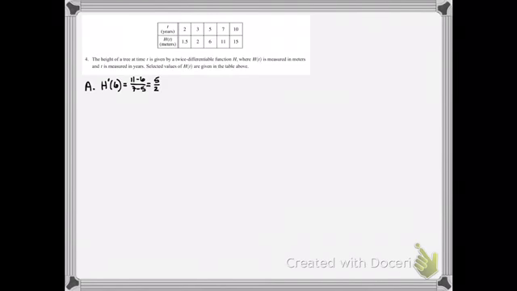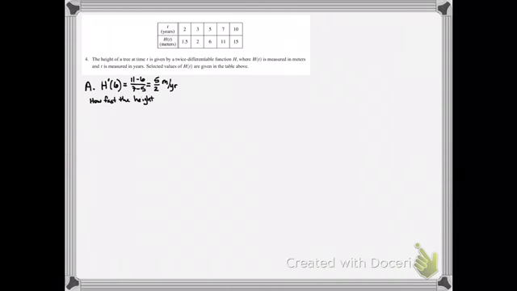But then don't forget the units. The numerator is measured in meters. The denominator is measured in years. So that's 5 halves, 2.5 meters per year. And then we just have to explain what that means. That is because it's a rate, how fast the height of the tree is changing.